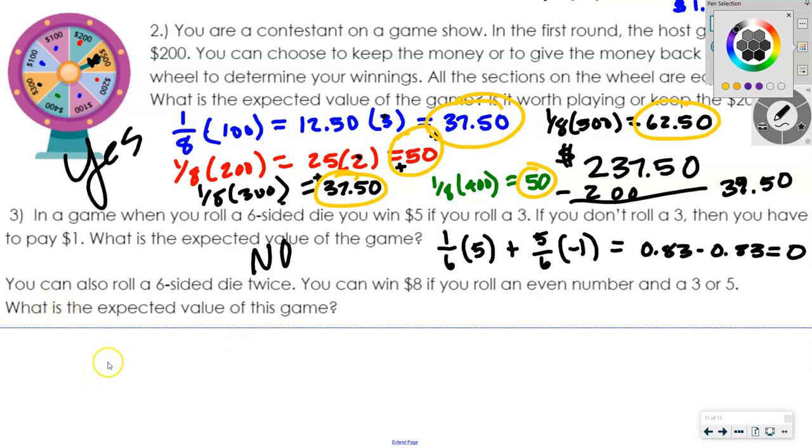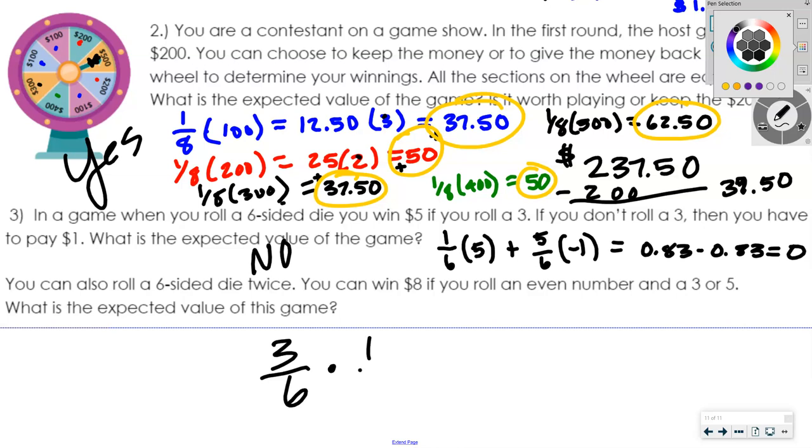All right, the other one is you can roll the 6-sided die twice. You can win $8 if you roll an even number, so the probability of rolling an even number is 3/6, right? Or if you roll an even number and that's a multiplication, right? 3 or 5.